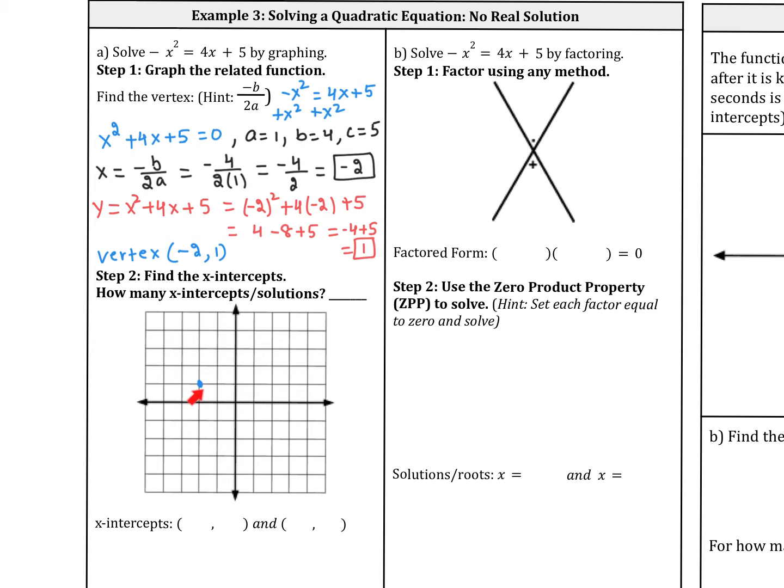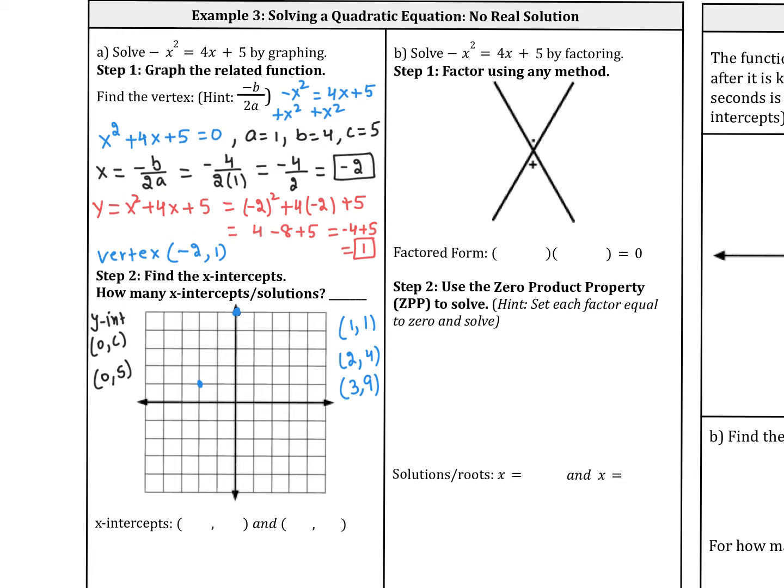This is my vertex, and I'm going to use the same pattern, that is 1, 1, 2, 4, and 3, 9. I'm also going to use the y-intercept, that is 0 comma c, and I have c as 5, so 0 comma 5, that is 1, 2, 3, 4, 5, this point.